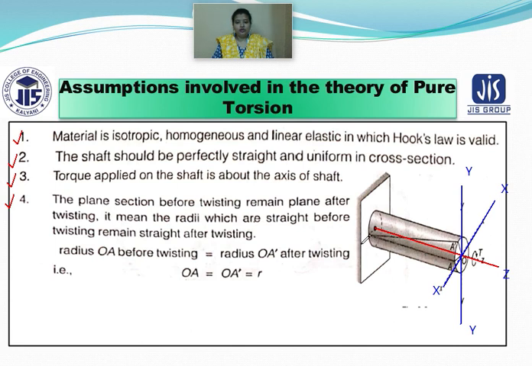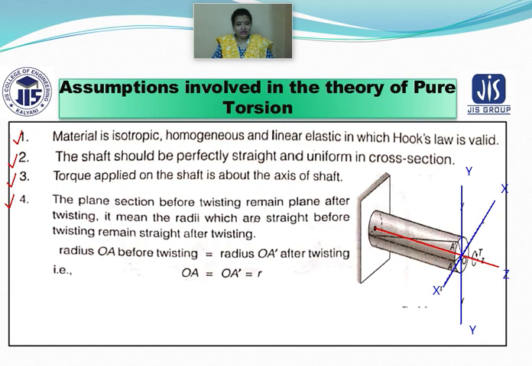Though it is your object, you are giving some turning force, that means you are creating a twisting or turning moment in this particular shaft. So in this section, the other assumption that you have to consider is that the plane section before twisting remains plane after twisting also.